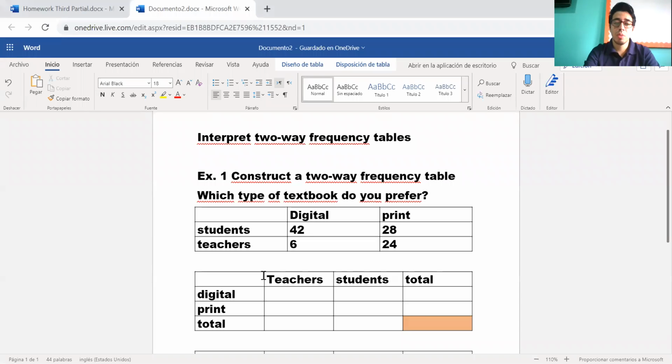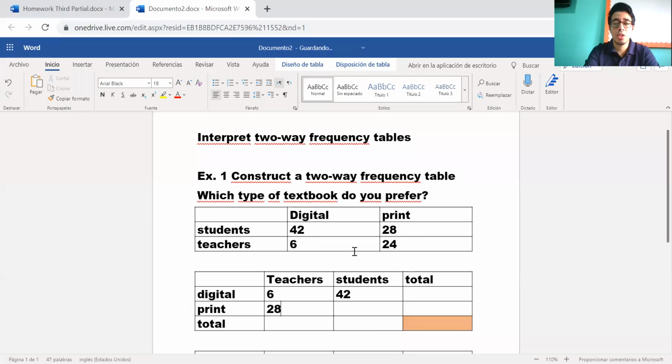How many teachers prefer the digital books? Only 6. How many students prefer the digital books? Look, I'm watching the rows and the columns. They are 42. And the same for the other part. How many students prefer the printed book? 28.